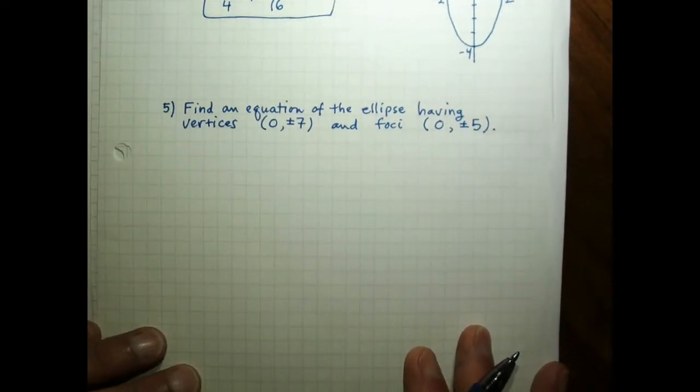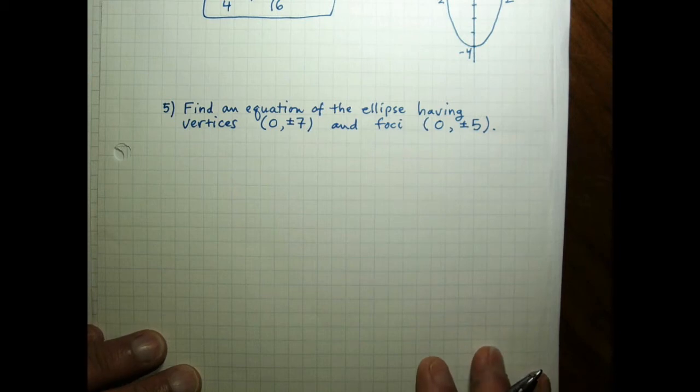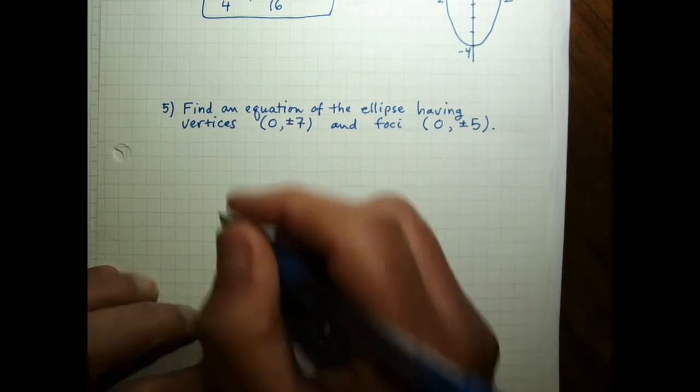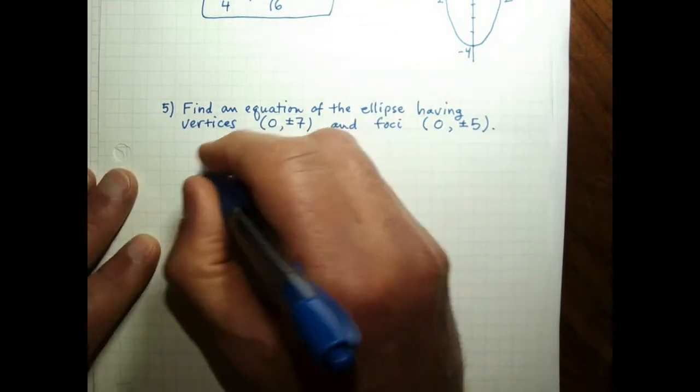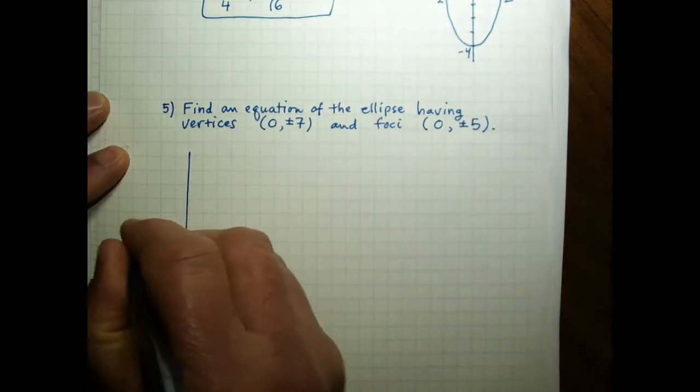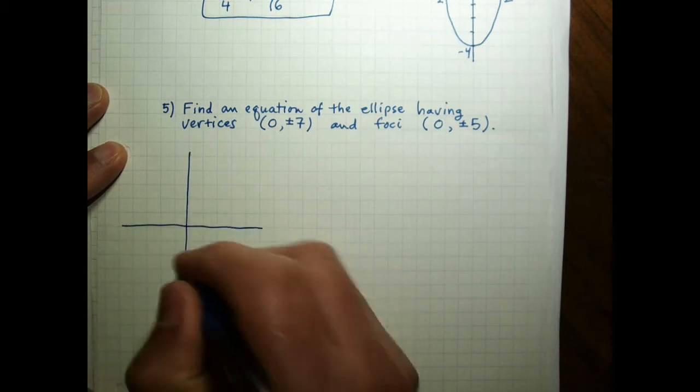Find an equation of the ellipse having vertices 0, plus or minus 7, and foci 0, plus or minus 5. I might just draw a picture here. I'm not going to draw it super accurately.